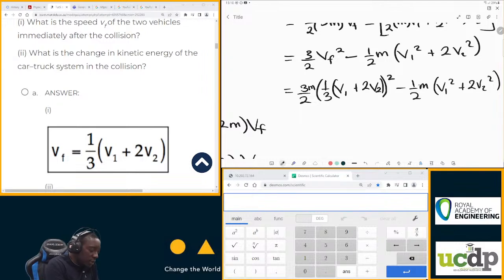So expanding the brackets, we have 3m over 2 multiplied by 1 over 9, let me just take the 1/3 outside, the 1 over 9 there. Then we can now square the part in the inner bracket: V1 squared plus 4 V2 squared plus 4 V1 V2.